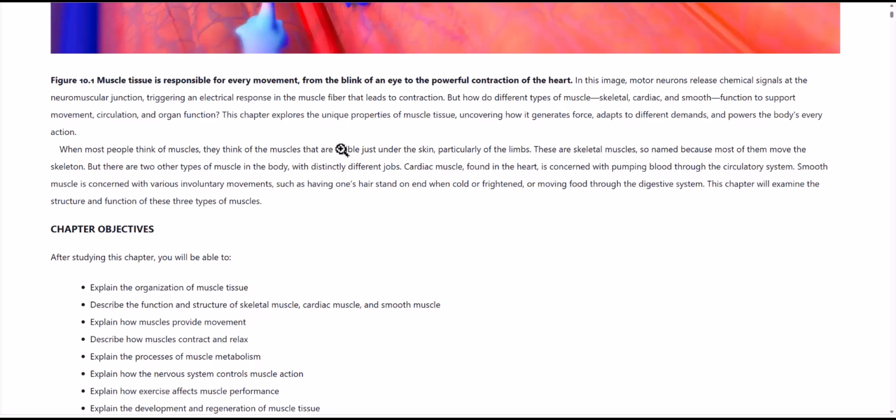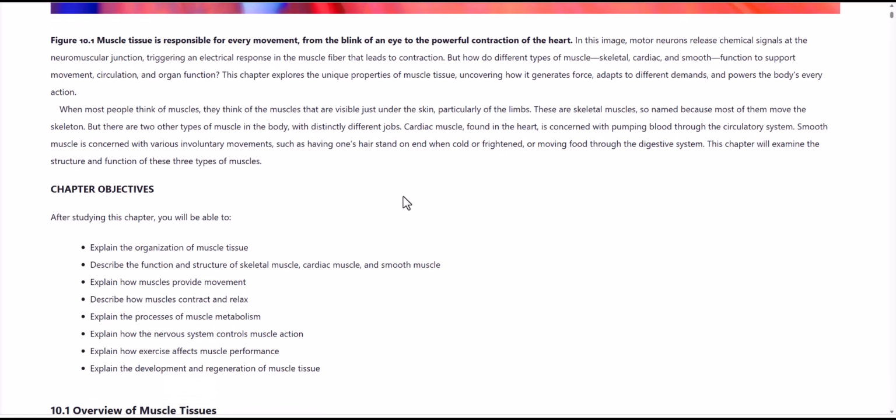We also at that time did look at muscle tissue. Recall there are 3 types of muscle tissue: skeletal, cardiac, and smooth. And part of today's presentation will be really going back and reminding you of things you already know, with a couple additional facts added in about these 3 different types of muscle.